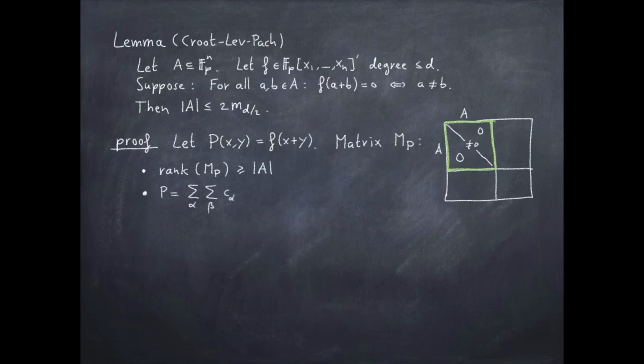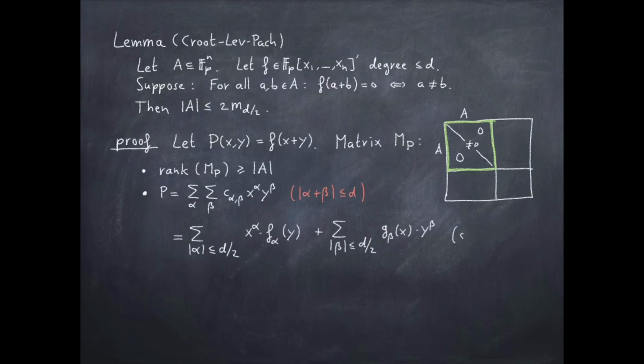Okay, let's write p as a sum of monomials x to the alpha, y to the beta. Since the degree of p is at most d, this means that the absolute value of alpha plus beta is at most d for every monomial occurring in the decomposition. This means that in any monomial, either the absolute value of alpha is at most d over 2, or the absolute value of beta is at most d over 2.